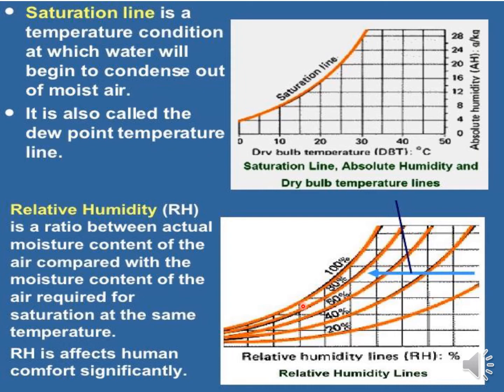If you calculate, it will give you relative humidity, which will affect the comfort significantly. If you go on increasing the saturation, this humidity increases. If you go on reducing, it goes on decreasing. At a certain point there will be a comfort point, that is called human comfort, that can be found out later on.